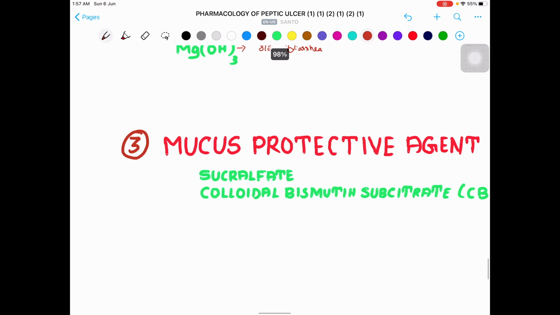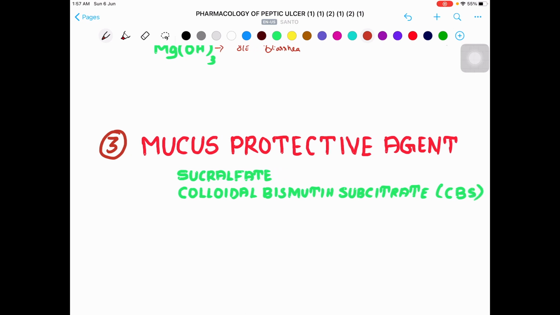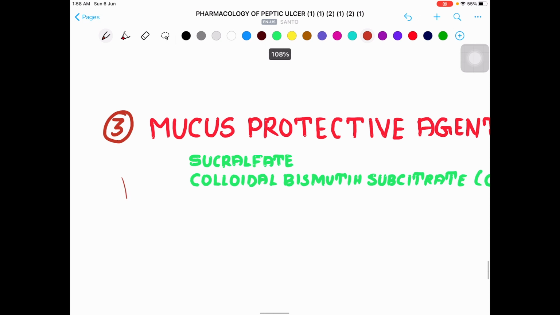Next we can see mucus protective agents. We have sucralfate and colloidal bismuth subcitrate. What sucralfate does is, let's consider this as the stomach. If you have an ulcer over this area, sucralfate covers the ulcer and protects it. Since the ulcer is protected, it increases angiogenesis leading to healing.